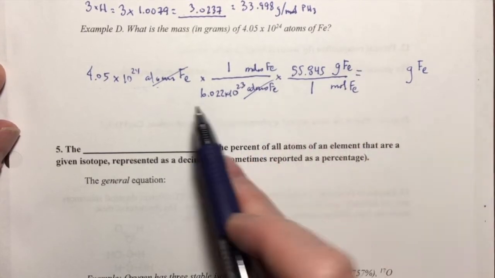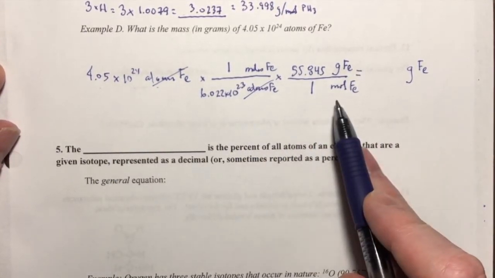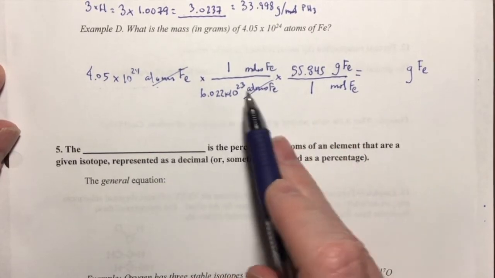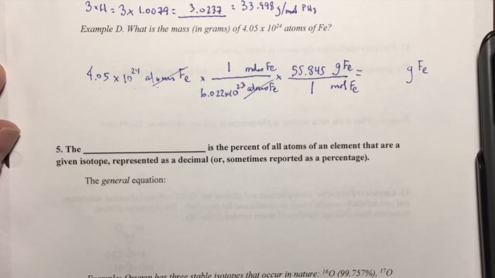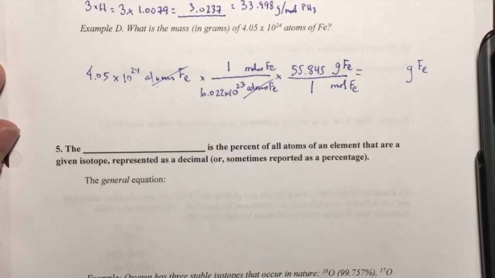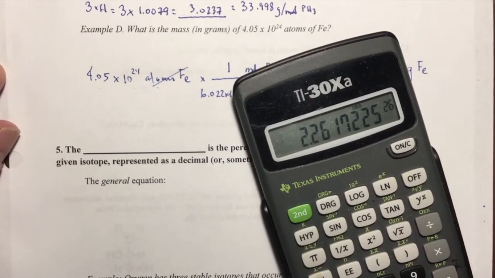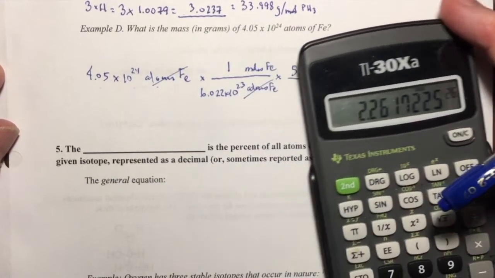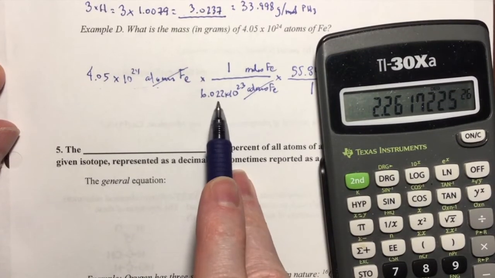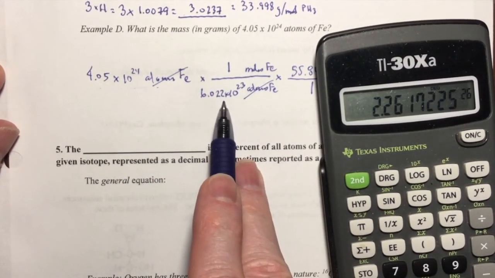And then I will divide it by the denominator, being only this number in this case. So let me do that. 4.05 EE to the 24th, exponent to the 24th, times 1, I don't need to input, but 55.845 equals. So this is the number that I get from multiplying across my numerators. And now I'm going to divide that by this denominator. The others are 1, so I don't need to deal with them.